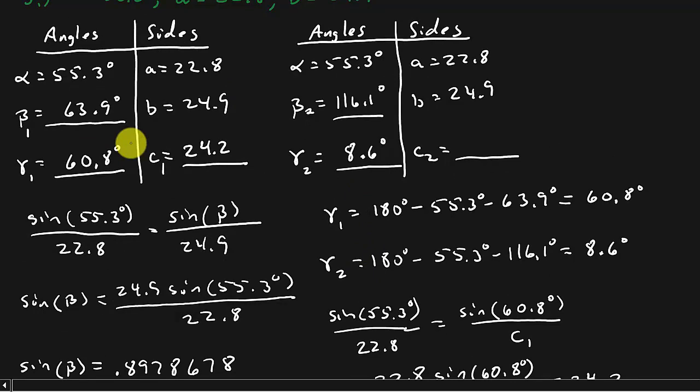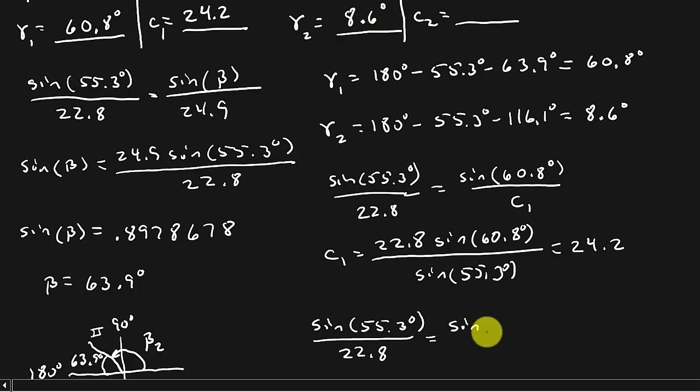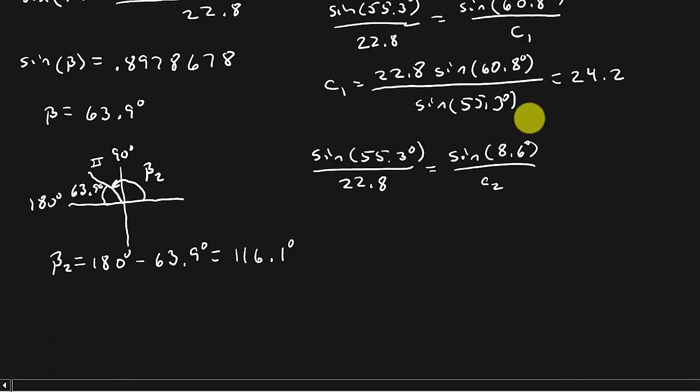Now let's find the second. So I'm going to use alpha and A again, and then gamma and C2. So that's going to give me sine of 55.3 over 22.8 equals the sine of gamma 2, which is 8.6, over C2.